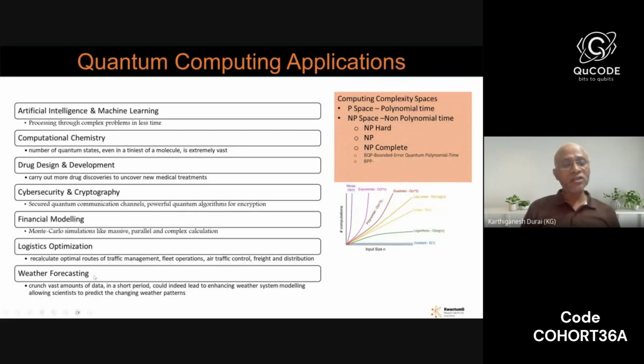Here the weather forecasting is not just a complexity problem only. It is not an exponential problem alone. It is the accuracy of input data. Because when we are doing weather forecasting on a classical system, classical systems are binary.